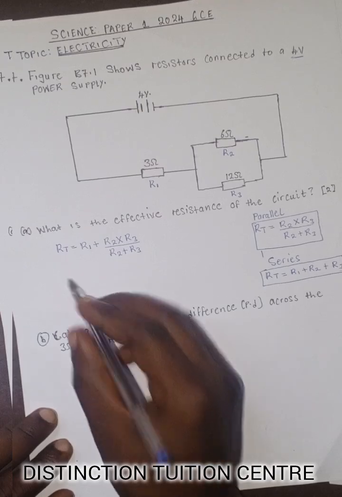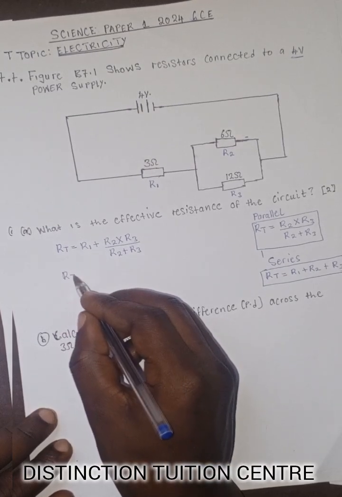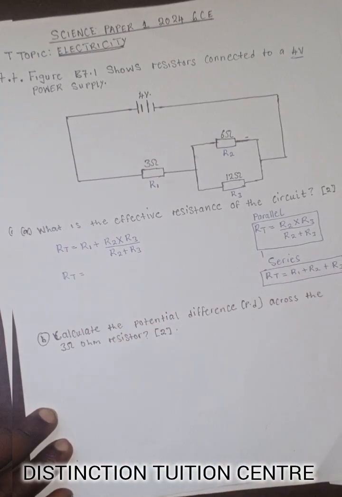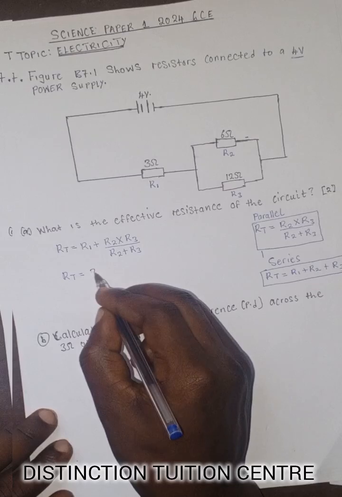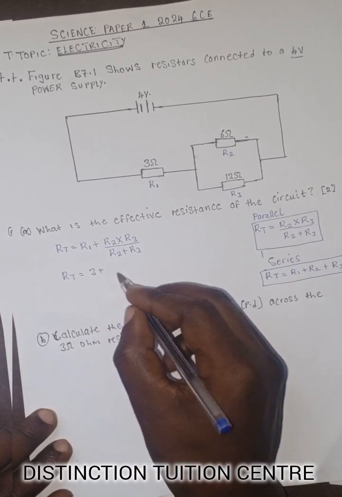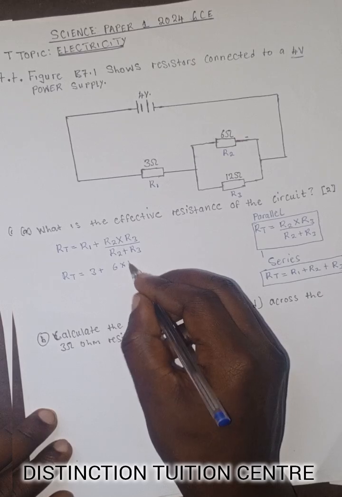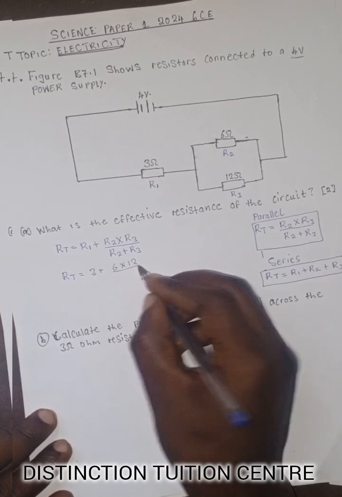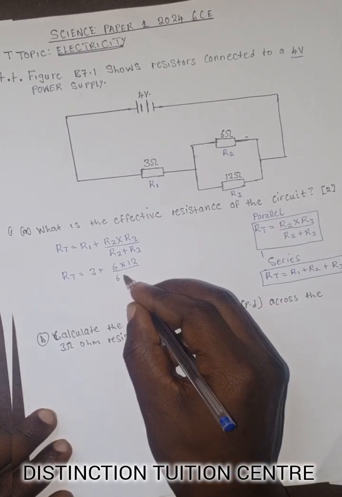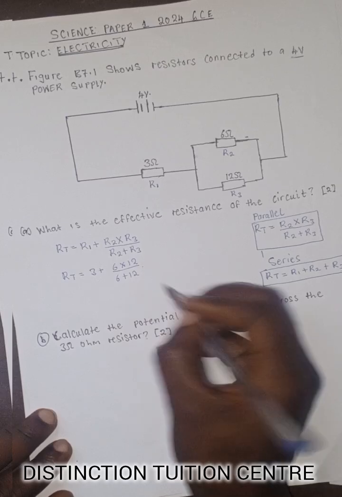So our effective resistance will be equal to 3 plus 6 times 12, divided by 6 plus 12.